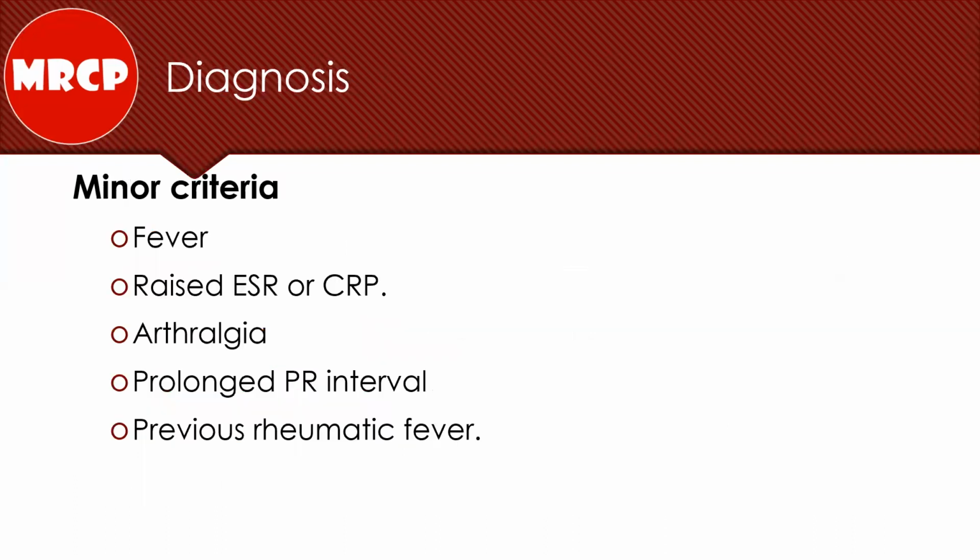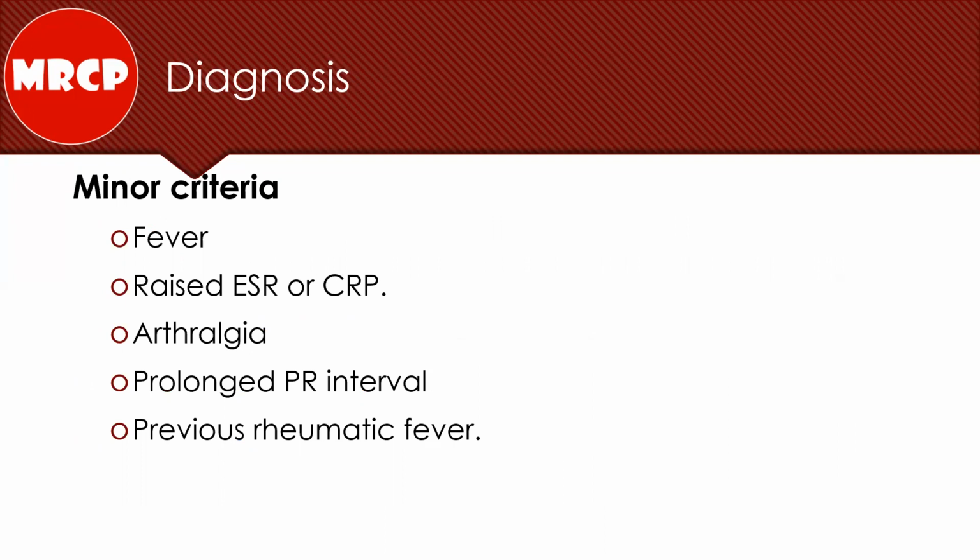The minor criteria include fever, raised ESR or CRP, arthralgia, prolonged PR interval and previous rheumatic fever. I have to remind you here that in the examination setting, the examiner, the one who is making the questions, will not tell you that this is a major or a minor criterion.